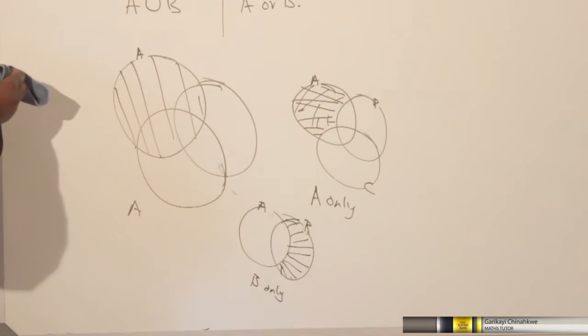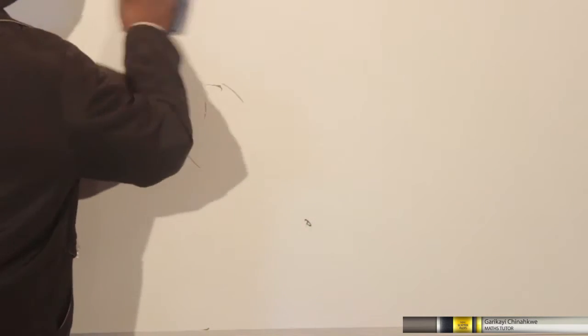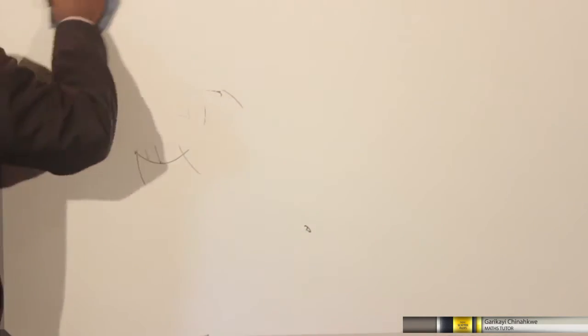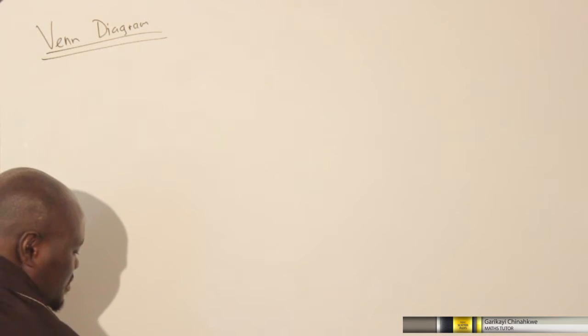And then I'm going to erase everything, and I'm going to give you an example whereby it involves Venn diagrams.